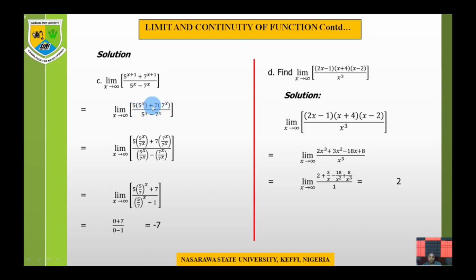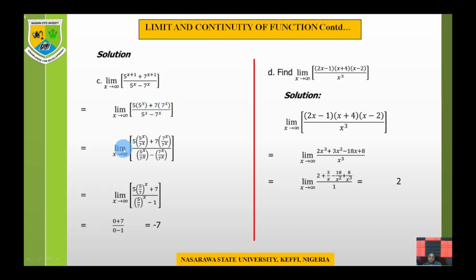Therefore, if you factorize 5 from the first term in the numerator, you will have 5 multiplying 5 raised to power x, and then you also have plus 7 multiplying 7 raised to power x, all divided by 5 raised to power x minus 7 raised to power x.